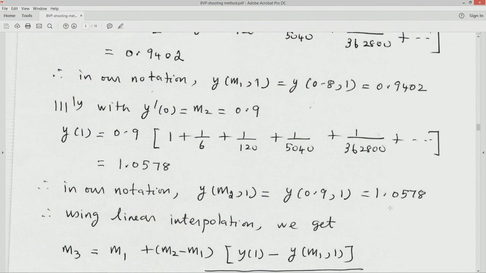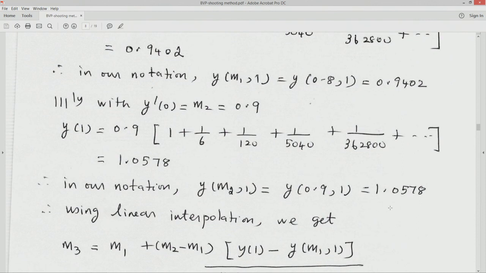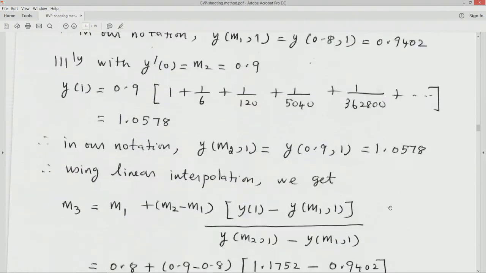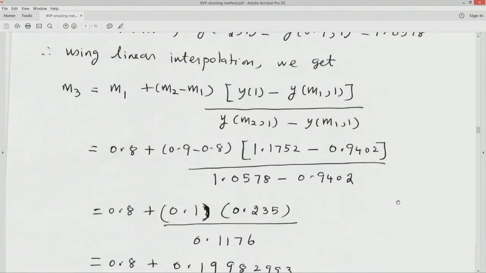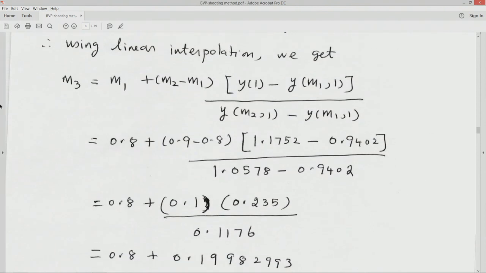So, now that we have solutions of the two initial value problems obtained using Taylor series method, we use linear interpolation and determine the new m, which we have called as m3, and that is m1 which is 0.8 plus m2 minus m1 which is 0.9 minus 0.8 multiplied by y of 1 minus y of m1, 1 by the difference between the two solutions. But what is y of 1? It is prescribed in the boundary value problem, and that is given by 1.1752.